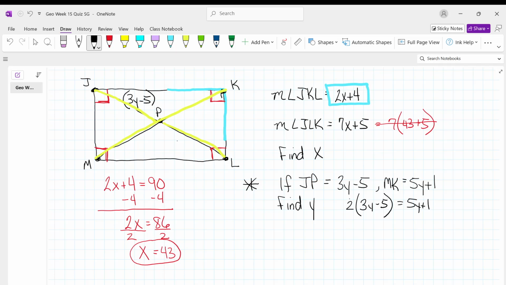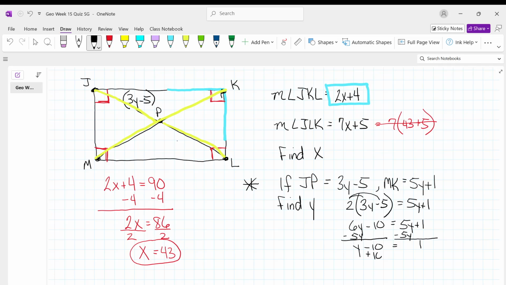So we got to do the distributive property here. We got 6y minus 10 equal to 5y plus 1. Subtract 5y from each side. So y minus 10 is equal to 1.